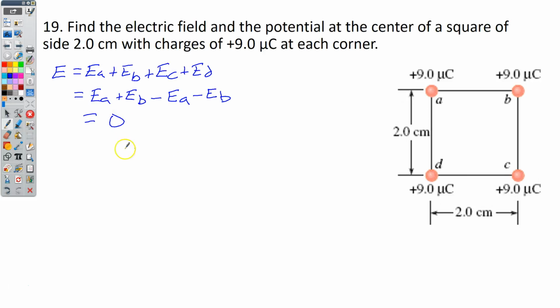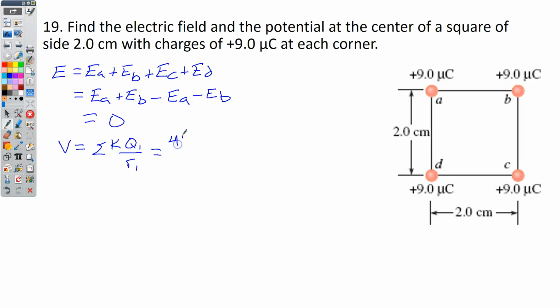Now we can do the same thing for the potential at the center, so we're going to say that the potential is equal to the sum of k times q over the distance. If we look, we have 4 charges that are exactly the same.